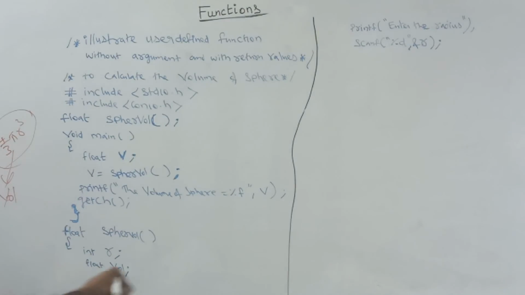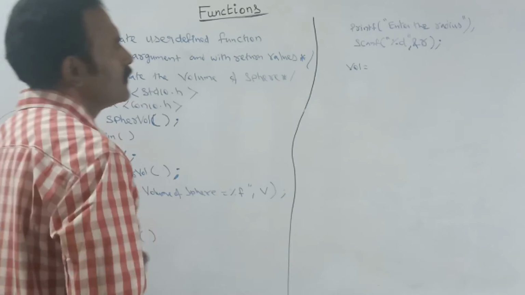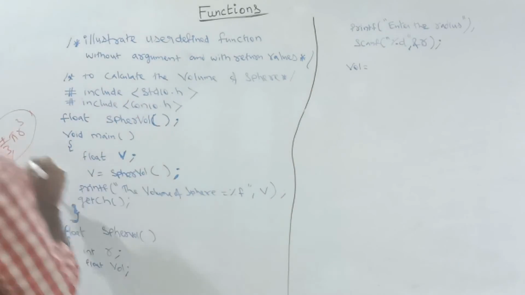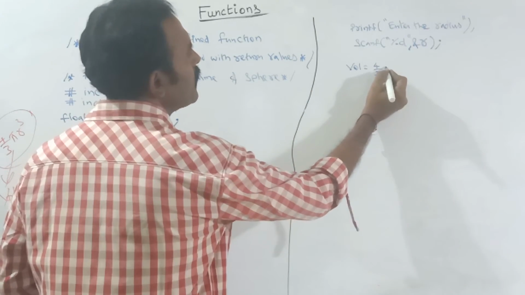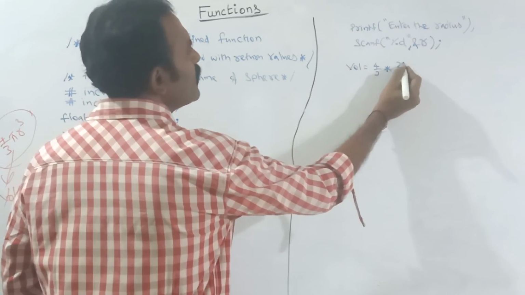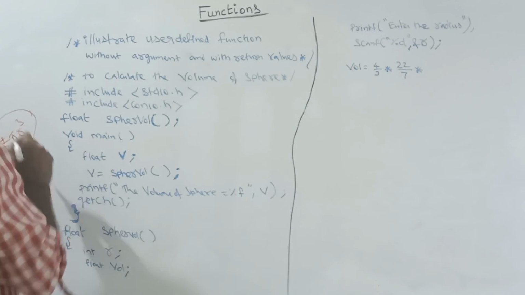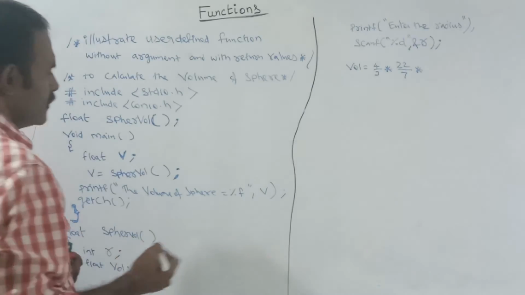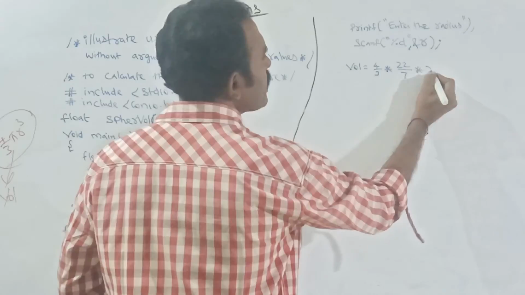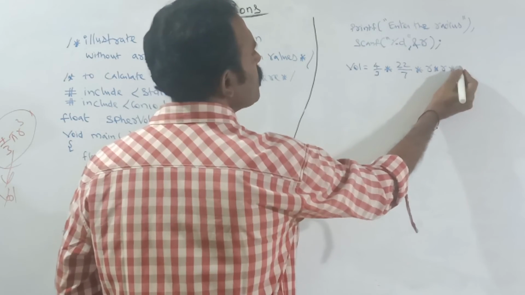Next, I am going to calculate the formula. VOL, volume, is equal to, what is the formula? 4 by 3 pi r cube, that is 4 by 3 into the value of pi, 22 by 7, into r cube. I am going to multiply r three times, r into r into r.